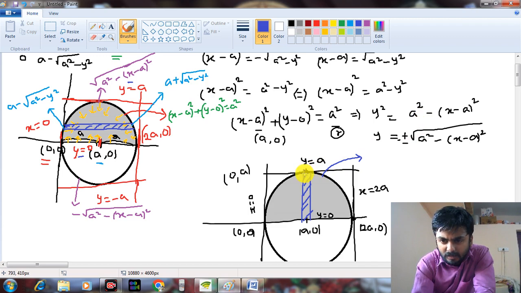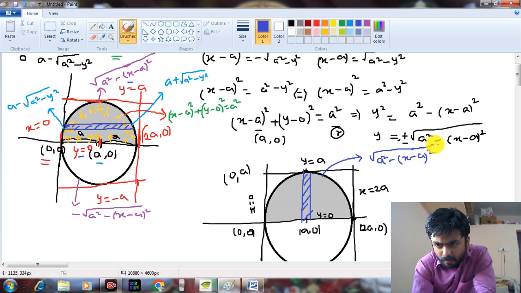Root of a square minus x minus a the whole square. Okay, this is our upper limit of y, and the lower limit of y is as it is, y equal to 0.